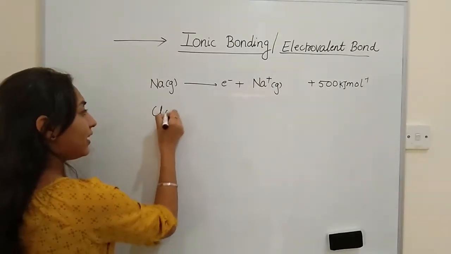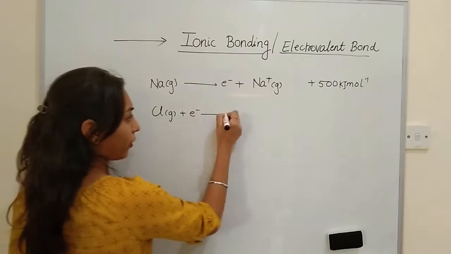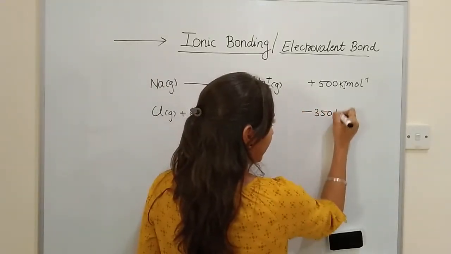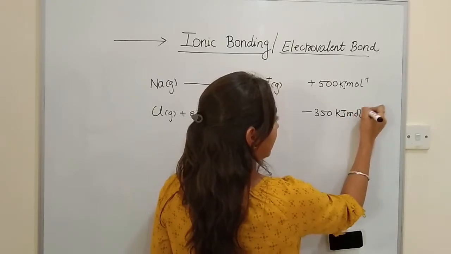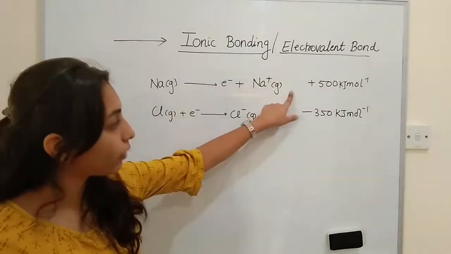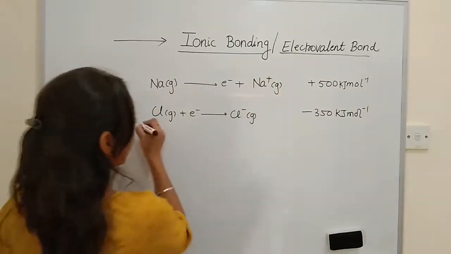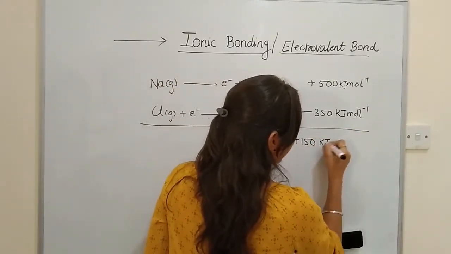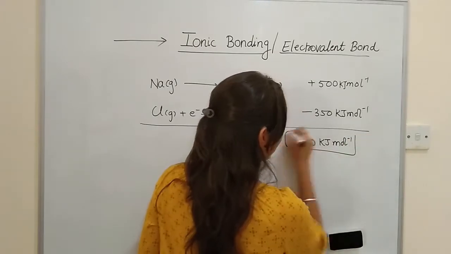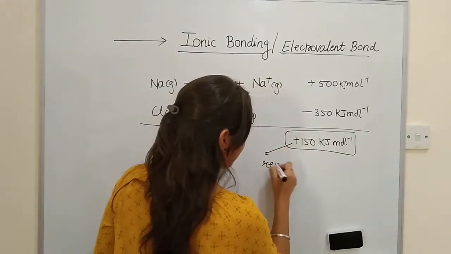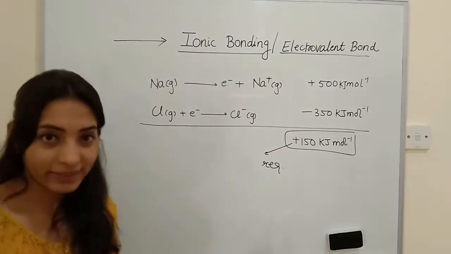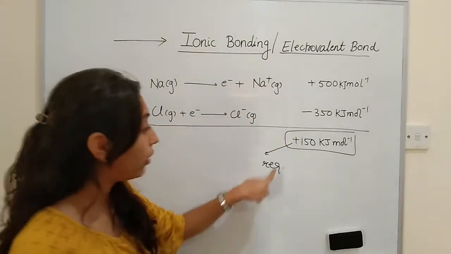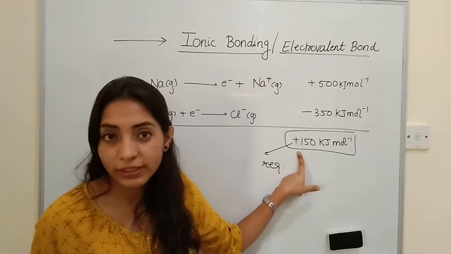Now, if Cl is gaining an electron to form Cl minus, 350 kilojoules per mole energy is released. So this is required, this is released. So in the entire process, about 150 kilojoules per mole energy is required, the plus sign says it is required. So if Na would lose and Cl would gain, overall we need 150 kilojoules of energy.